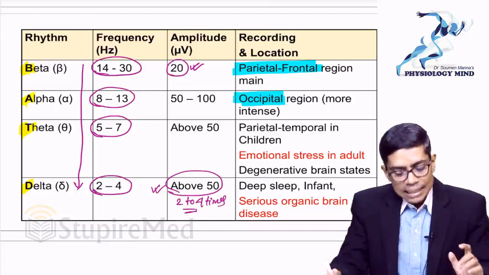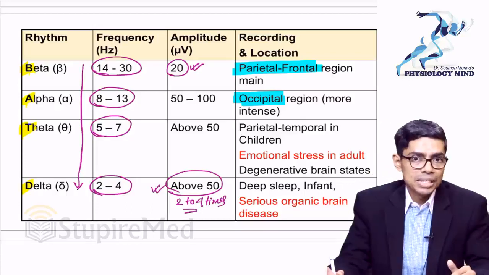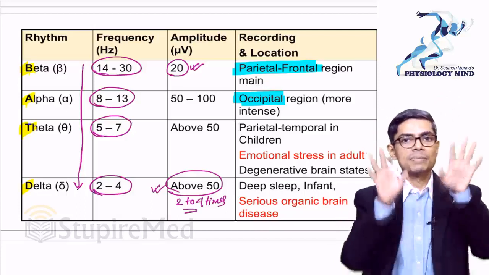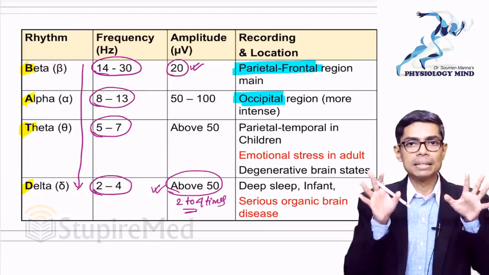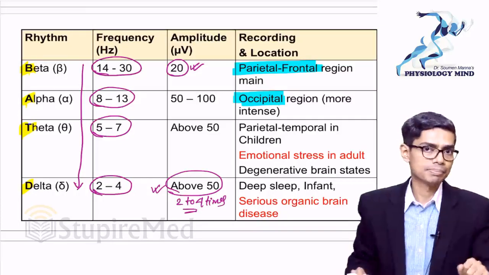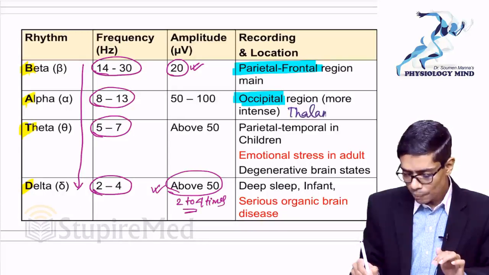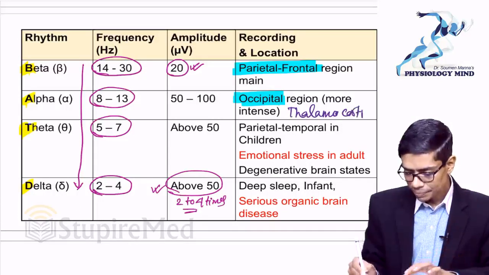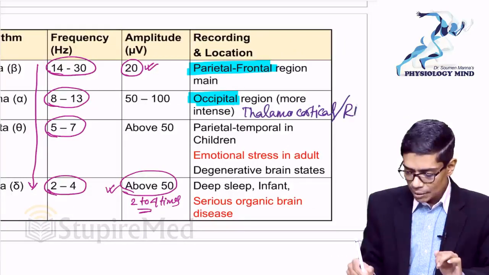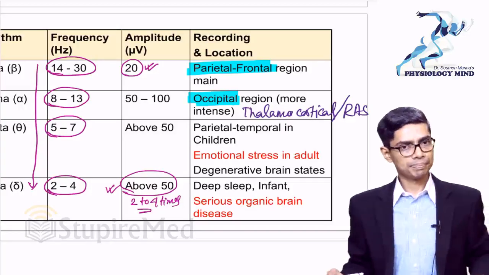It is said that alpha wave originates from the thalamocortical projection of the brain, meaning from the thalamus towards the cortex there is a diffuse projection going on. These are the neurons which give rise to alpha wave. So write down here that this is thalamocortical projection, right? Apart from that, the reticular activating system is also responsible for this alpha wave.